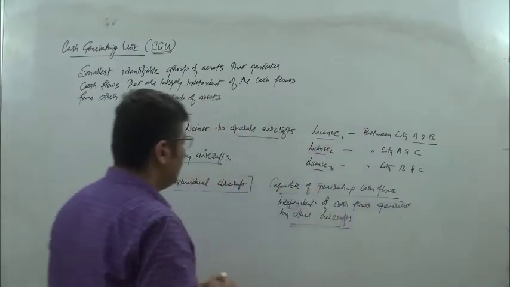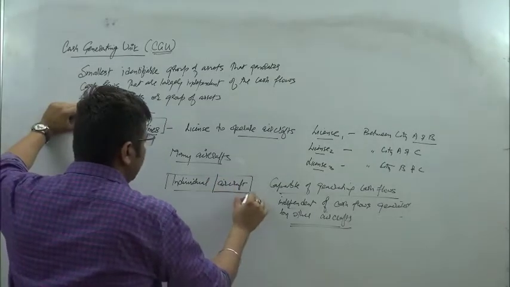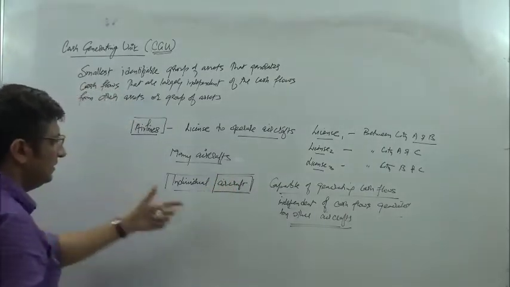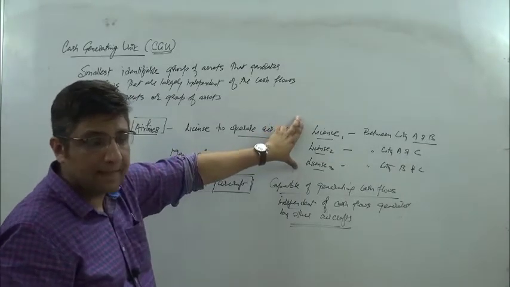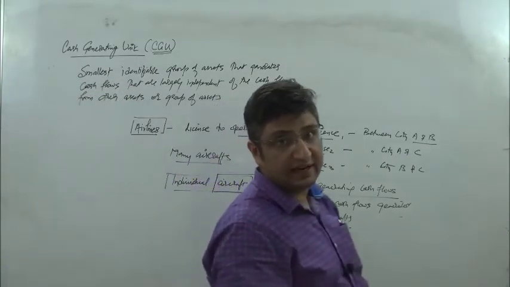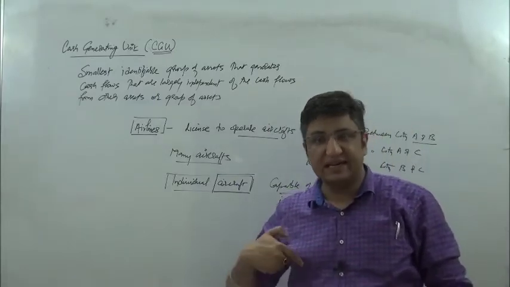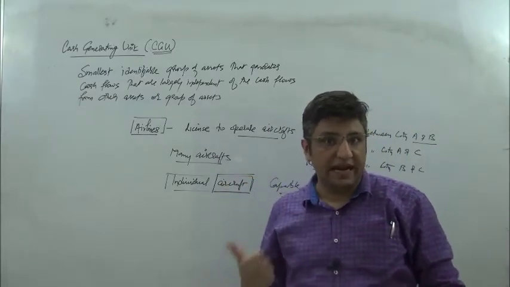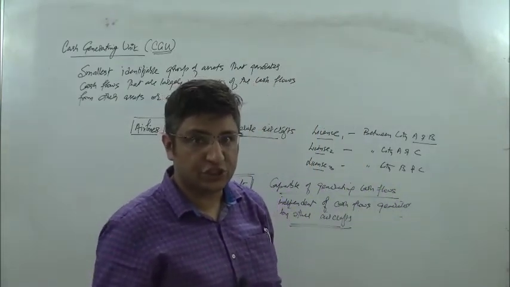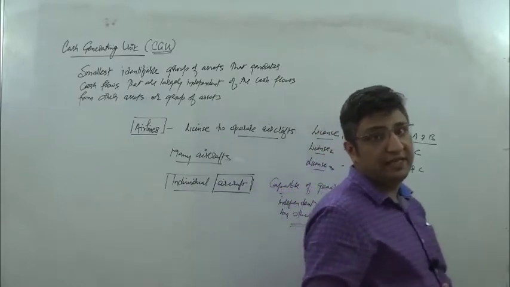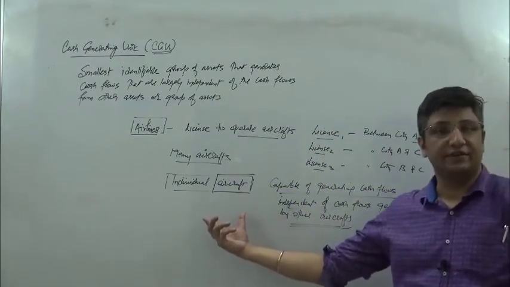However, if I say that merely owning an aircraft without having licenses does not give the entity an opportunity to create cash. It does not give an opportunity to the entity to generate cash just because it is an aircraft, right?